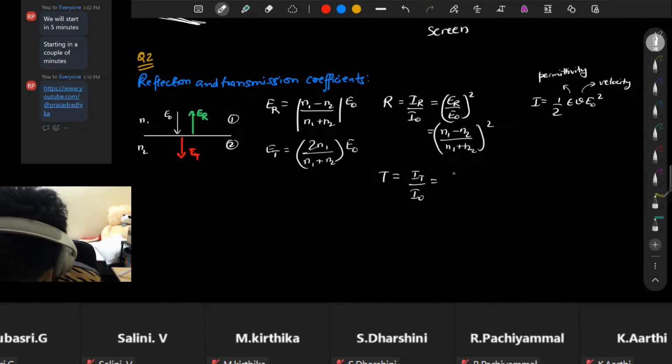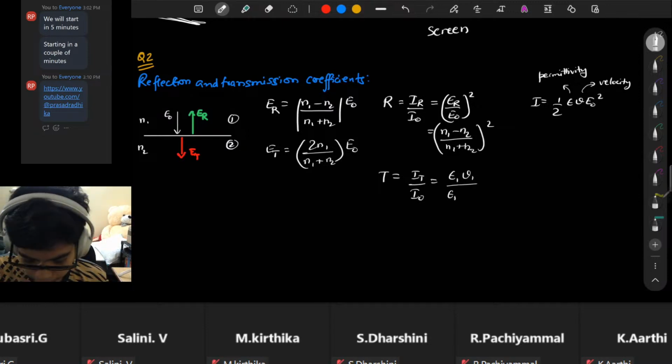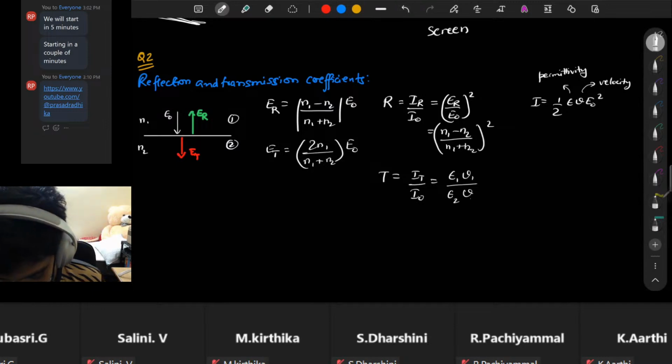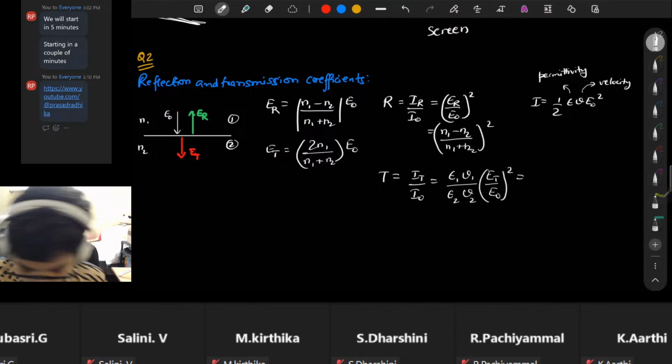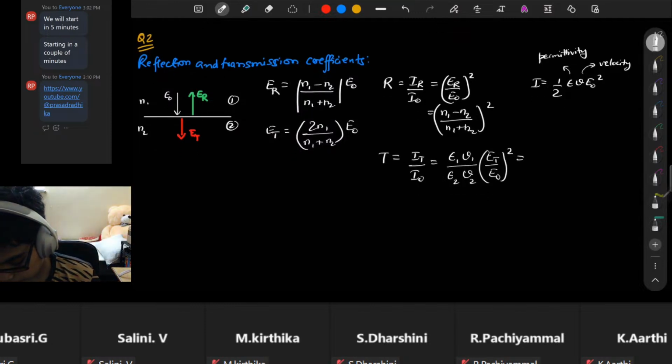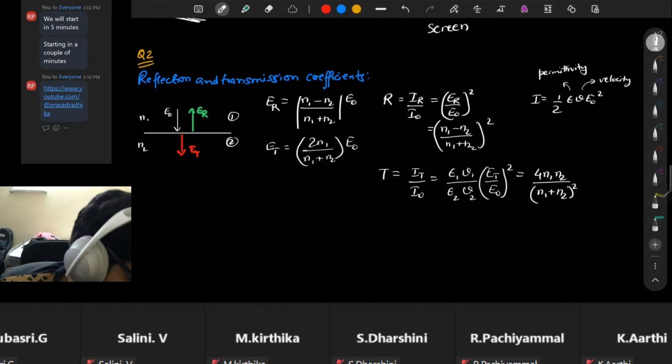And note that this time the expression will look slightly different because of the different permittivity and velocity, because the media are different for the incidence and the transmitted ray. This is what it comes out to be.